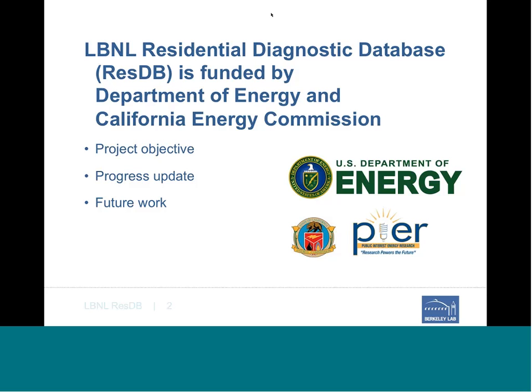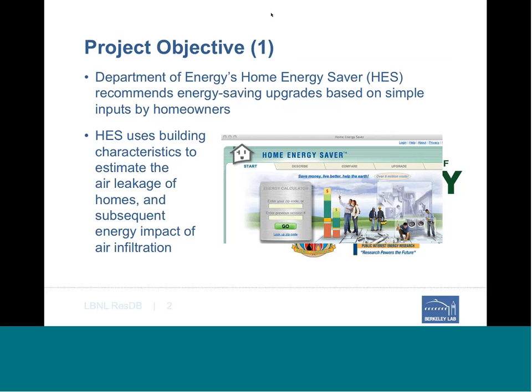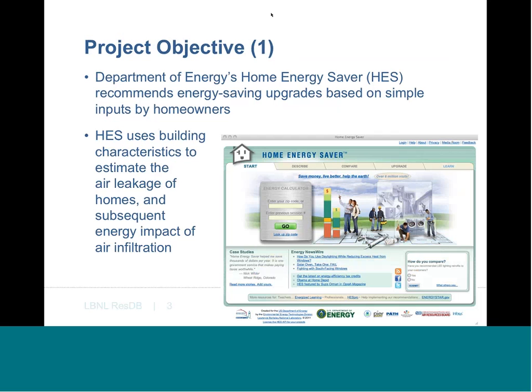Today I will talk about why we're doing this work, a progress update, and some ideas we have for future work if we were to get funded again. So project objective number 1: this work is funded partially by the Department of Energy because they have an online tool called the Home Energy Saver.